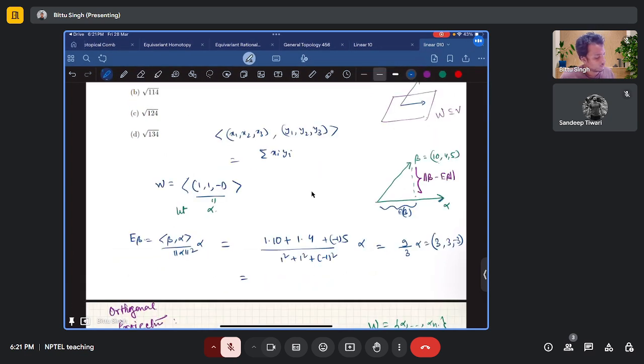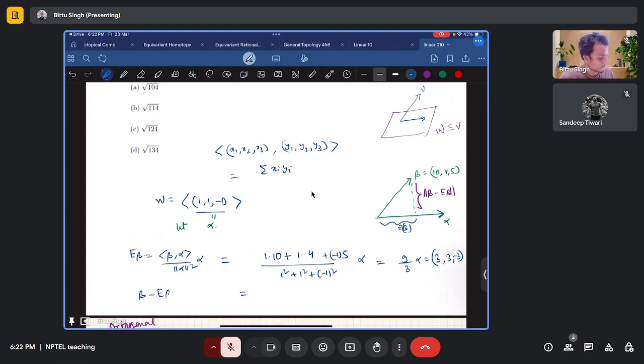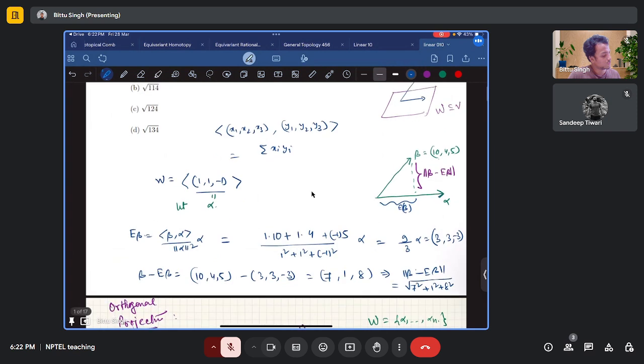Therefore beta minus E beta is 10, 4, 5 minus 3, 3, minus 3, which is 7, 1, 8. The norm of beta minus E beta is the square root of the inner product, which is 7 squared plus 1 squared plus 8 squared, the square root of 114.